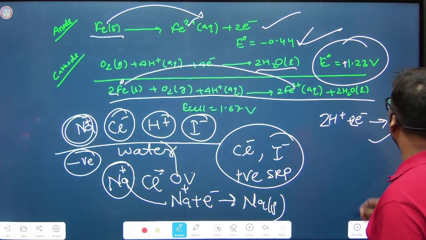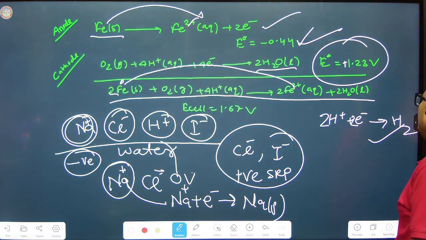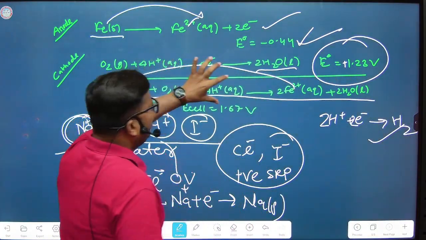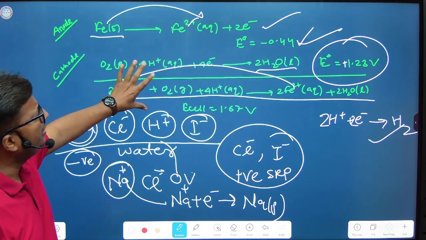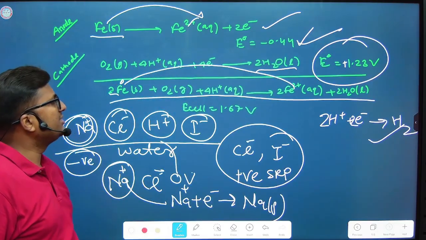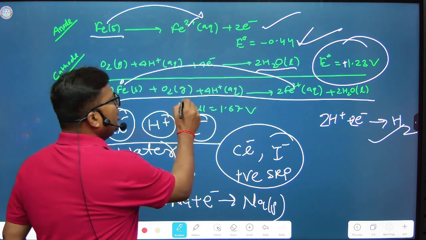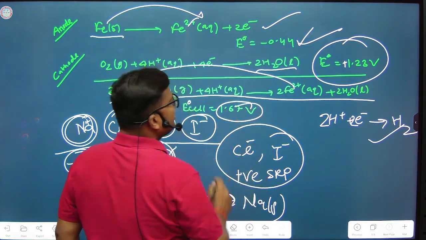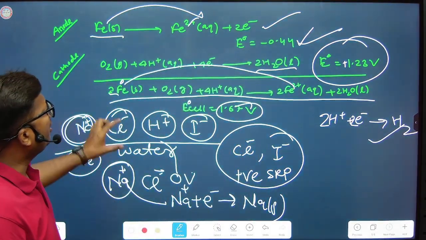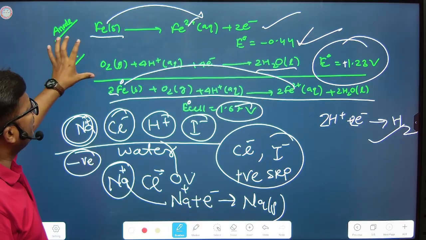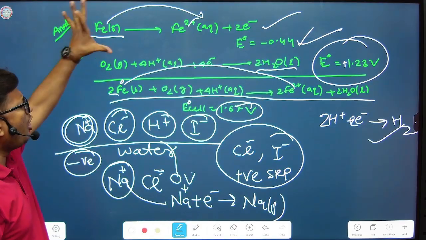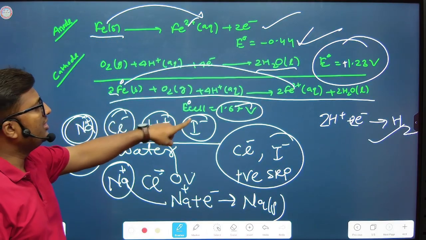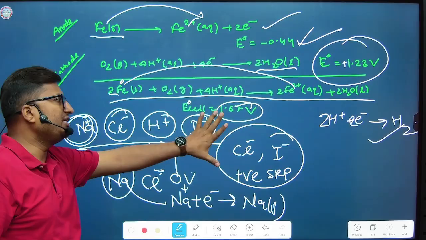to Fe2+ with formation of water, and overall this electrochemical galvanic cell standard cell potential, that is E naught cell, is equal to 1.67 volt. So for the combined effect of these two half-cell reactions, what we get here, E naught cell is equal to 1.67 volt, that is a positive quantity.